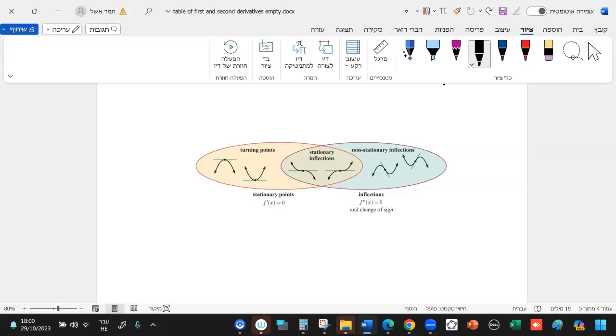All this will help us to find inflection points and stationary points and to have an impression on the graph of the function even without drawing it, or it will help us draw or sketch the graph of the function.